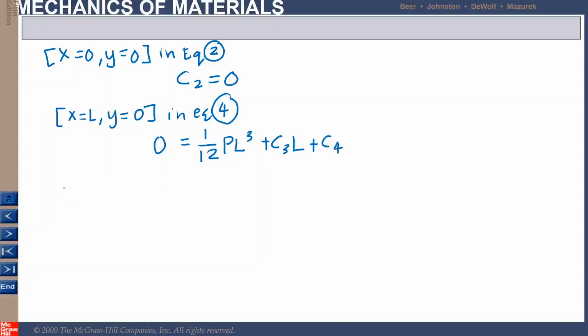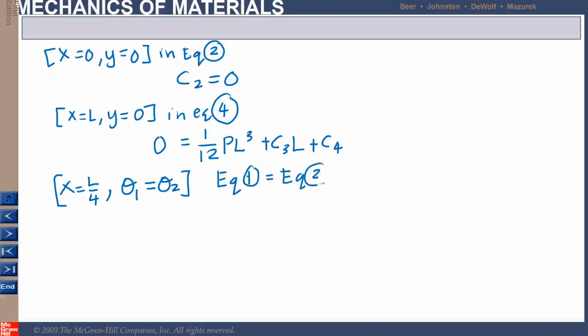Then the next one, we can put x equal to L over 4, in which we will have theta 1 is equal to theta 2. That means equation 1 is equal to equation 3 at x equal to L over 4.